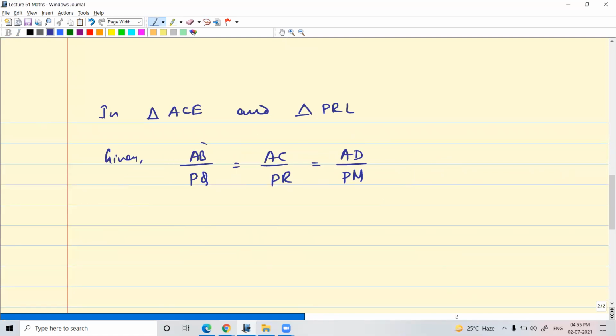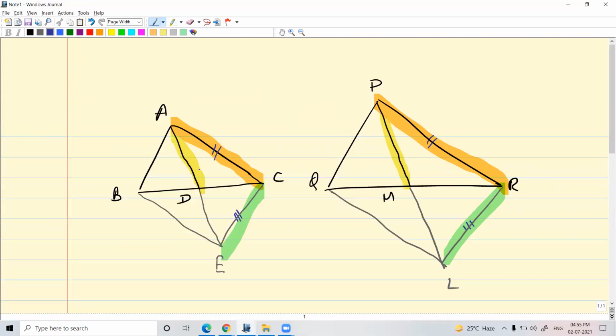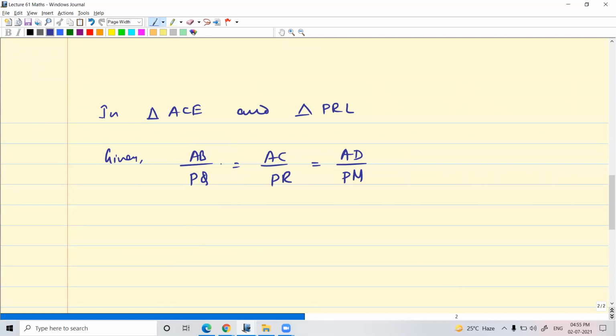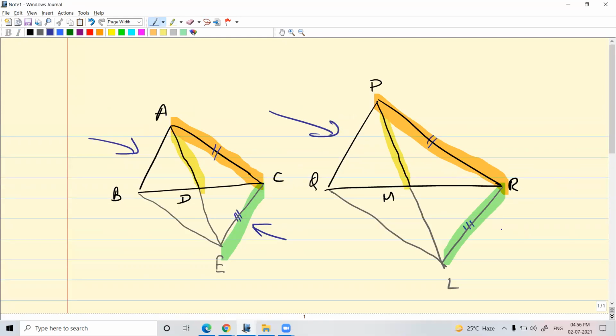So what we can do is, because ABEC is a parallelogram, this side AB will be exactly equal to CE, right? So let's replace that AB over here with CE, and then replace PQ from this triangle with RL over here. Everyone okay? What I did over here, everyone understands?